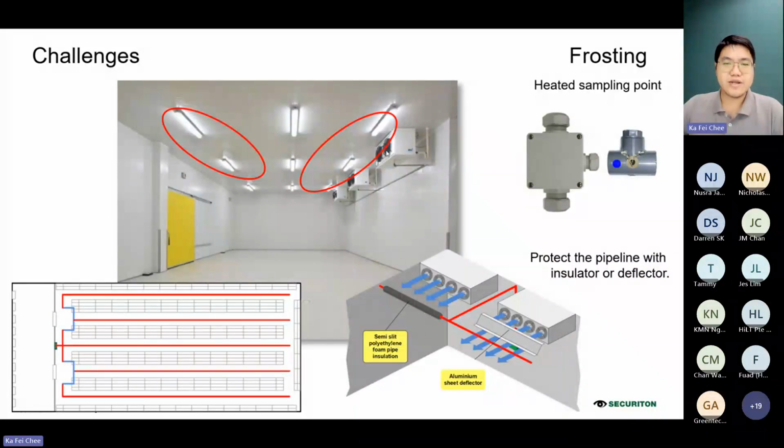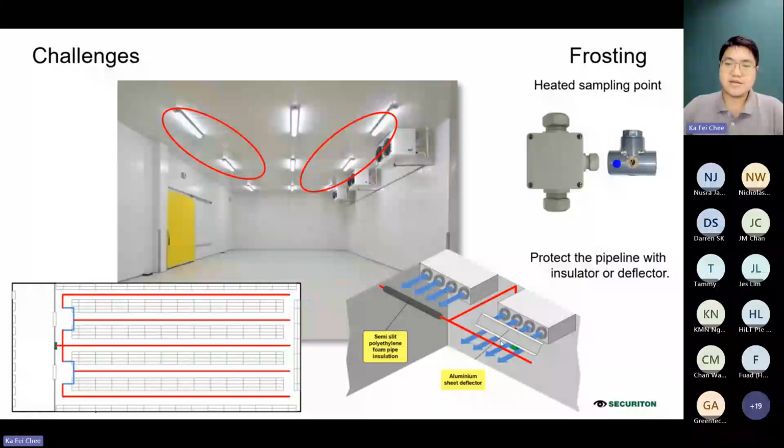Okay, then if you look at the picture here, we have the fan blower of the cold storage area. We shall not place the heated sampling point in front of this cold fan blower. Even the pipes that run right across this blower shall be protected with a polyethylene foam pipe for insulation.